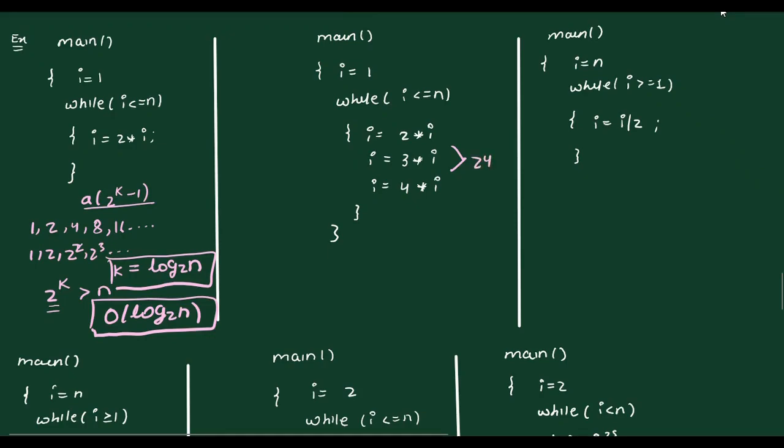So i becomes 1, then it becomes 24, then 24 raised to the power 2, and so on. In general it becomes 24 to the power k, and this has to be equal to n. This implies that k becomes log base 24 of n, that is big O of log base 24 of n, right?